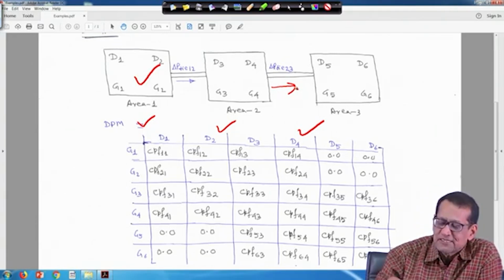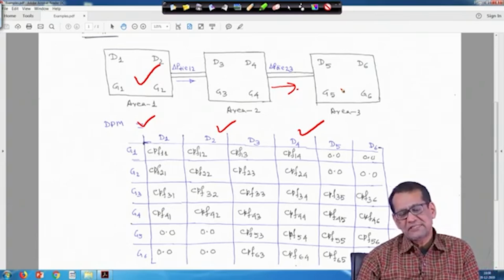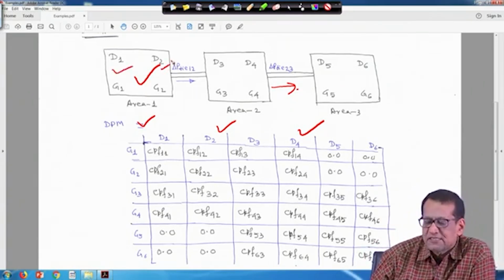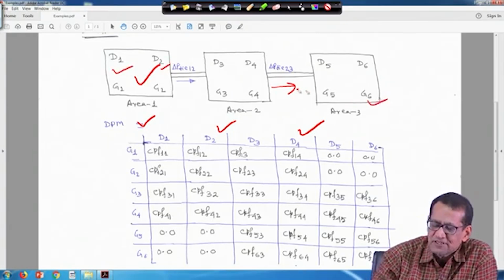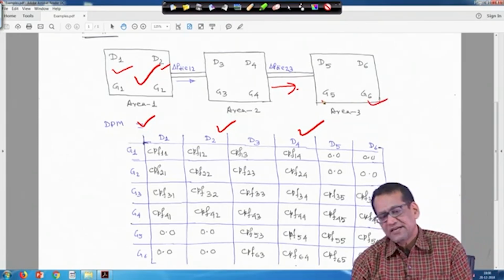First you will look that it is a longitudinal system, 1 is connected to 2, 2 is connected to 3, but 1 is actually not connected to 3. That means the DISCOs here in area 1 cannot have any contact with GENCOs in area 3, because there is no line in between, area 2 is coming in between, right.